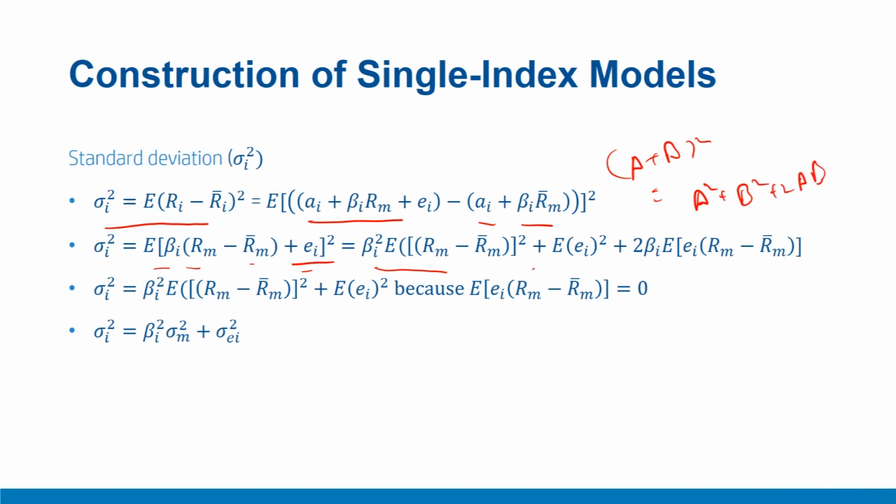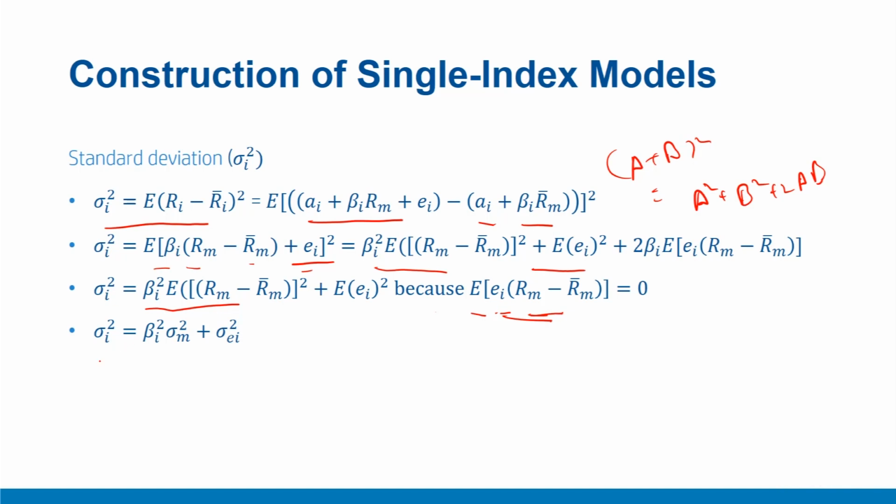In a similar manner, we can expand this expression, and here please note we obtain beta i square expectations of Rm minus Rm bar raised to the power 2 plus expectations of Ei square, because the third term, which is expectations of Ei times Rm minus Rm bar, will be 0. By assumption there is no correlation between the Ei error term and the market term, and to a great extent this is ensured by the regression model as well.